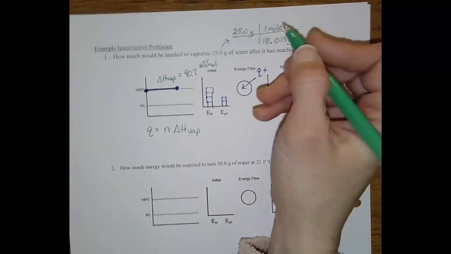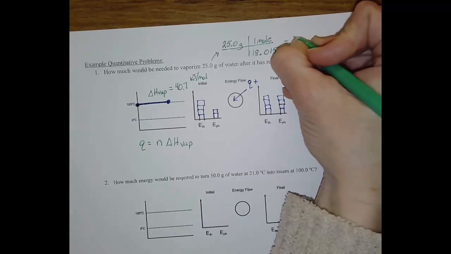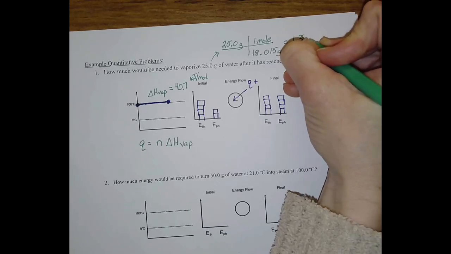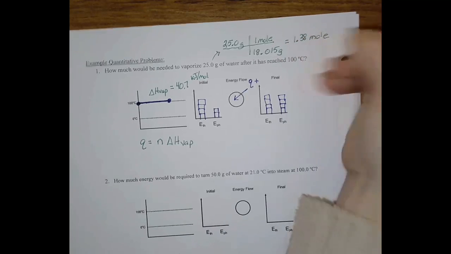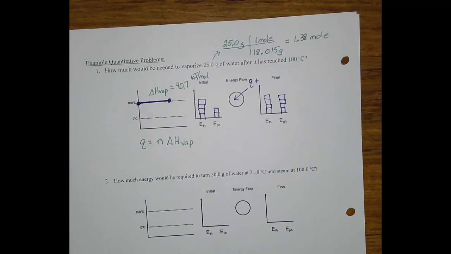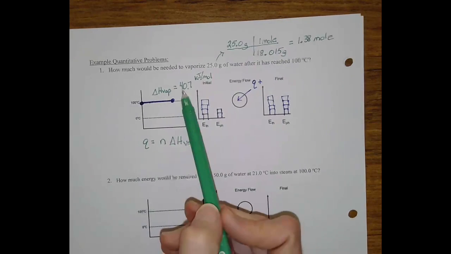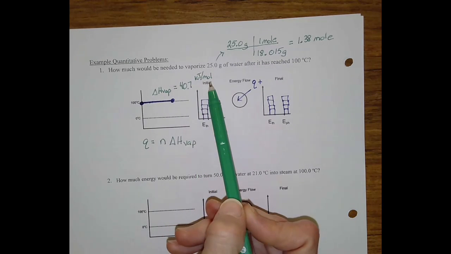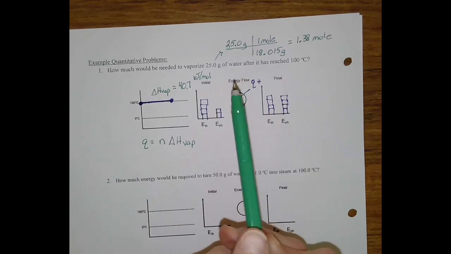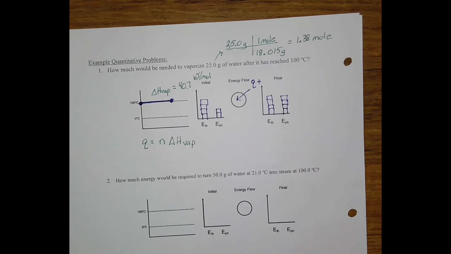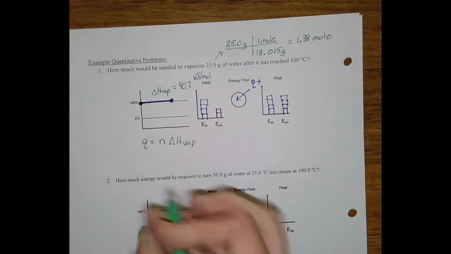Three significant figures in that 25.0. So I have 1.38 moles of water. If it takes 40.7 kilojoules to vaporize 1 mole of water, it's going to take more than 40.7 kilojoules to vaporize 1.38 moles of water.